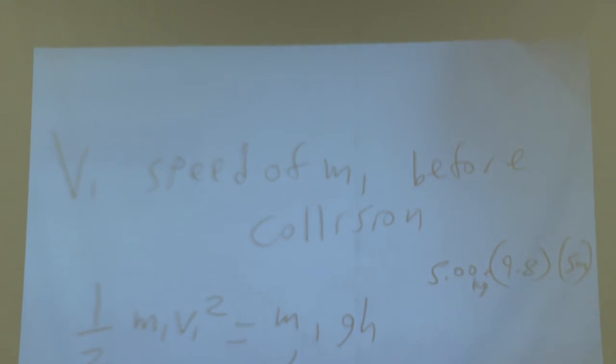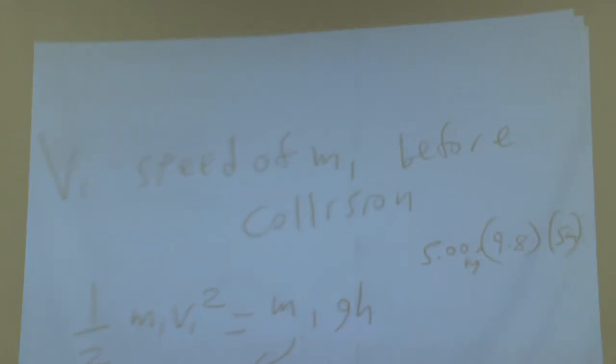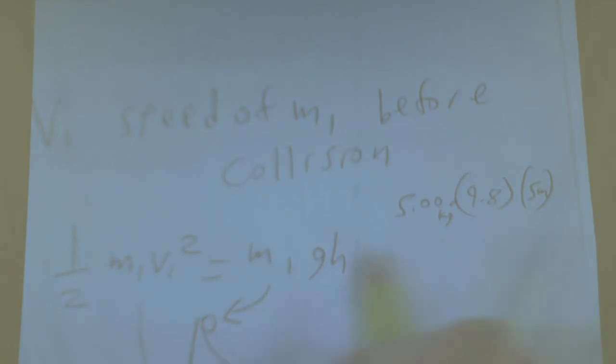So, now that we know that, let's look at this. So, we have the mass, the gravity, and the height at the top. And we have the fact that when it rolls down, the potential energy goes to zero.